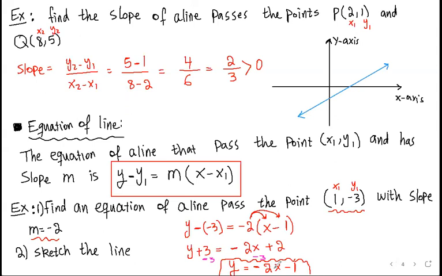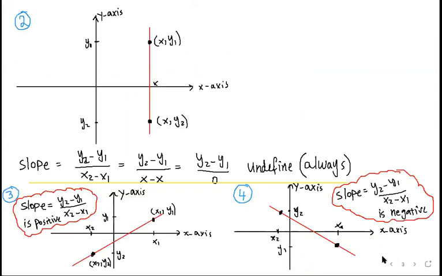So I get -2x equals 1, x equals -1/2. So here -1/2 and 0. These are the 2 points for sketching this line.